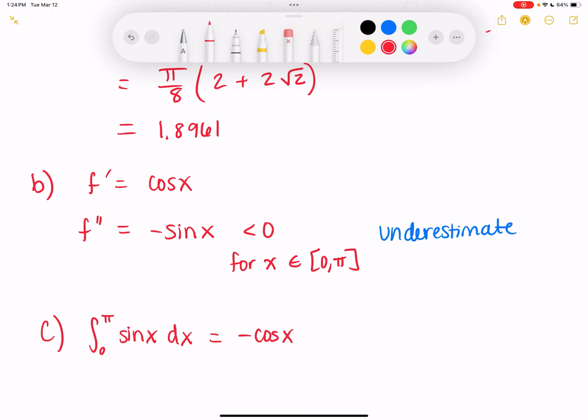What is negative cosine of pi? Cosine of pi is negative 1, times negative, this is going to be positive 1. Now it's minus negative, so plus cosine of 0. Cosine of 0 is 1, so this is equal to 2.